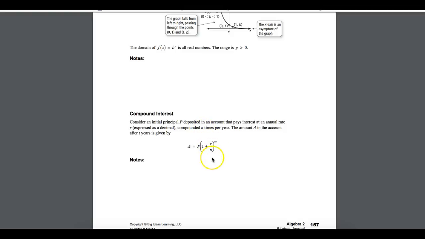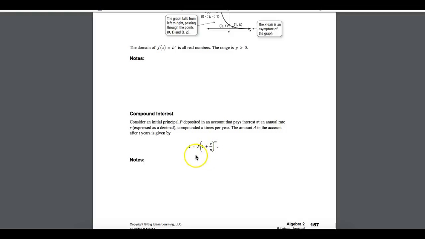If you compound your interest quarterly, that would be 4 because there's 4 quarters in a year. So that would mean N would be 4 because you compound your interest 4 times per year. Or if you do it monthly, then N would be equal to 12 because there's 12 months in a year. So you're compounding your interest 12 times. So it'd be equal to 12.